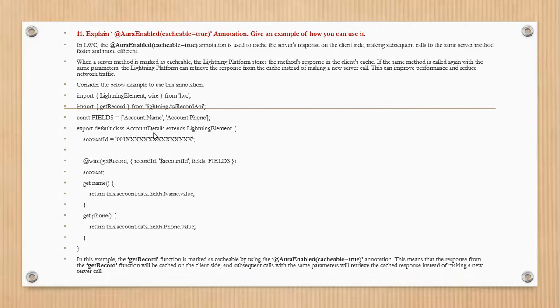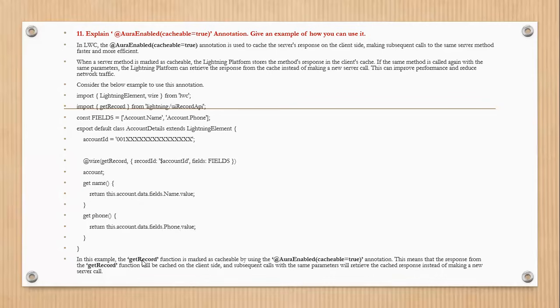Export default class AccountDetails extends LightningElement, accountId equals 001, and @wire getRecord with recordId and accountId fields. Get accountName returns this.account.data.fields.Name.value. Get phone returns this.account.data.fields.Phone.value.